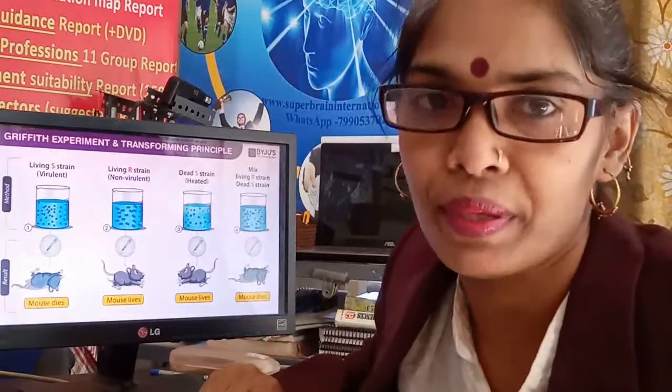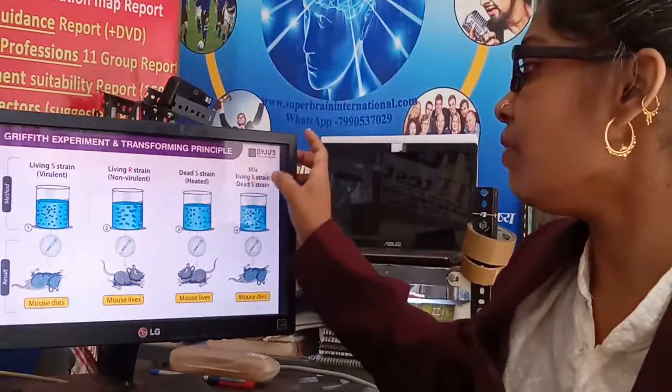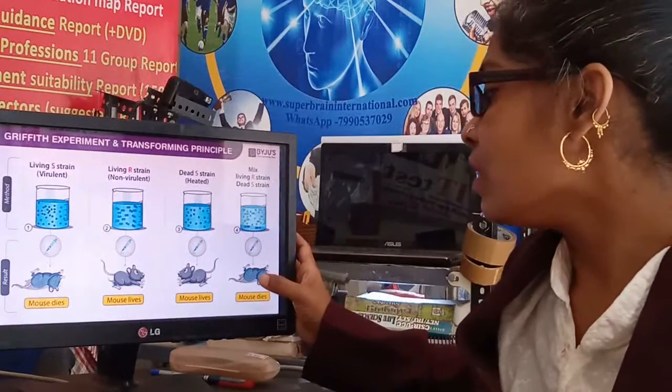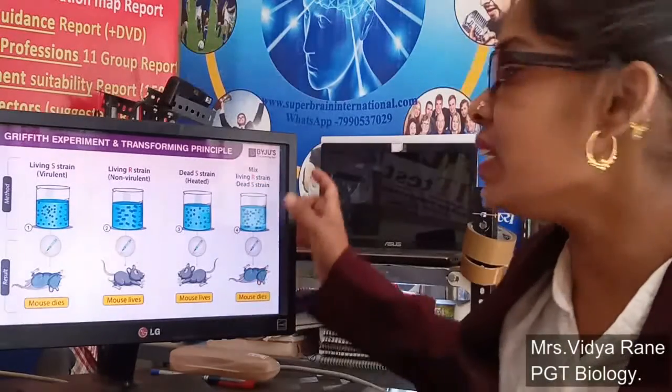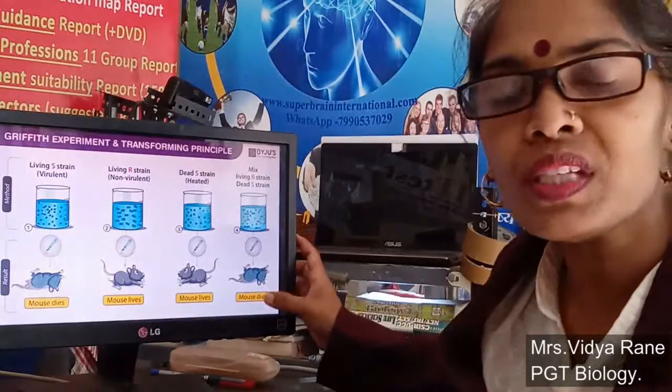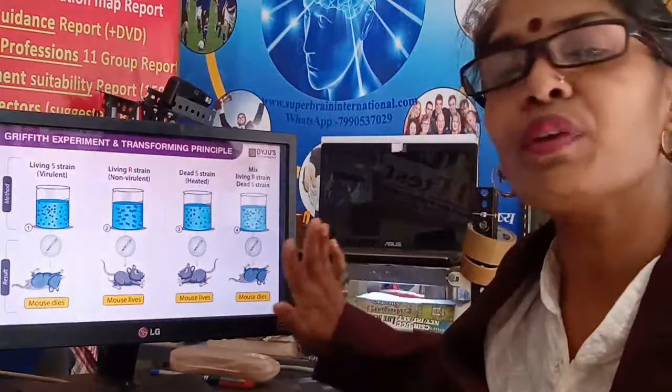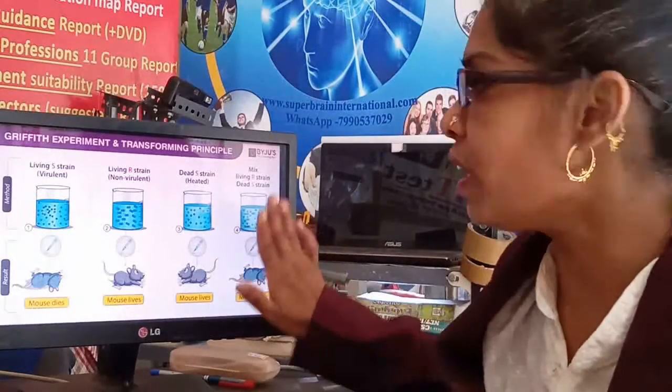Now how did this happen? The living R strain does not cause pneumonia, and the bacteria which cause pneumonia were dead. Then how did these mice suffer from pneumonia and die?